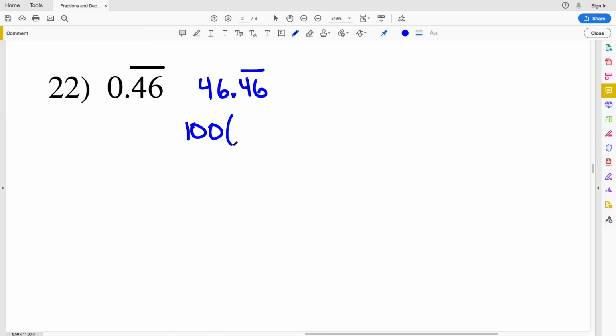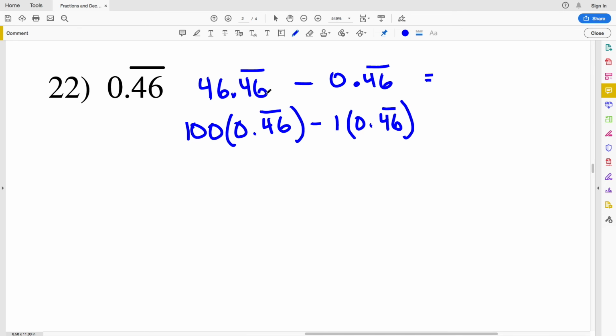Again, that was me multiplying my repeated decimal by 100. In order to get that as a whole number, I need to subtract 1 of that given decimal. So subtracting 1 of my 0.46 repeating, 46.46 repeating minus 0.46 repeating will leave me with the positive 46.